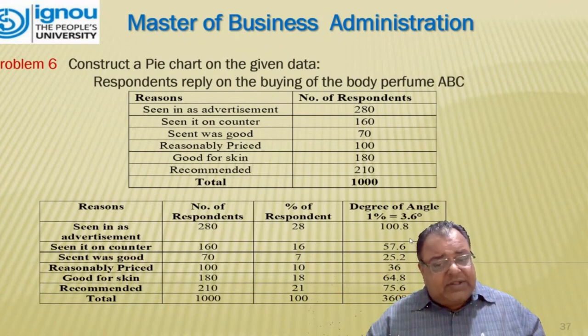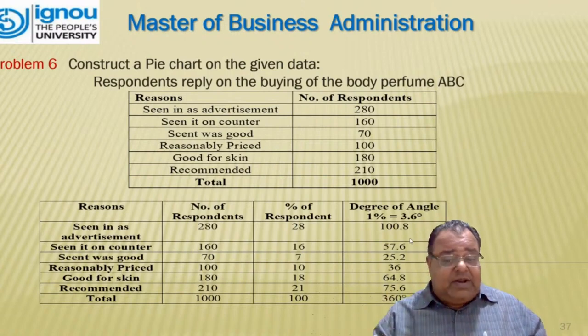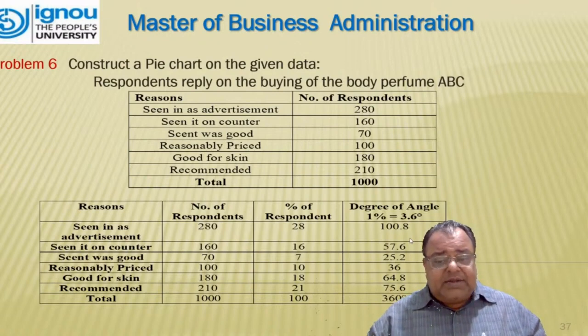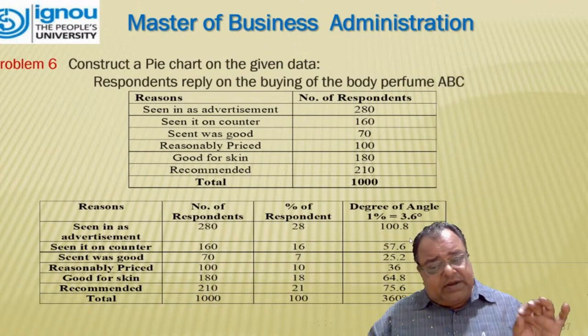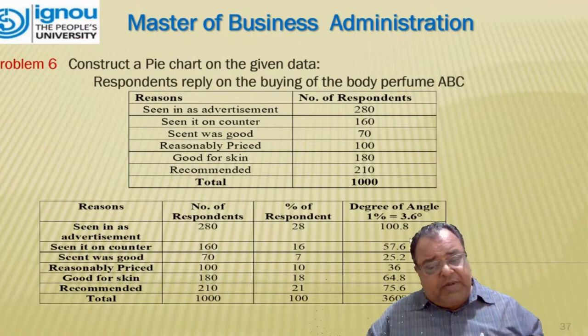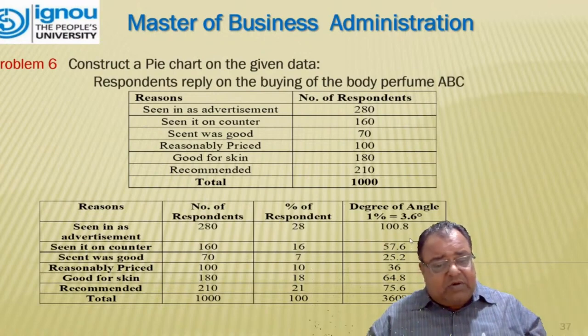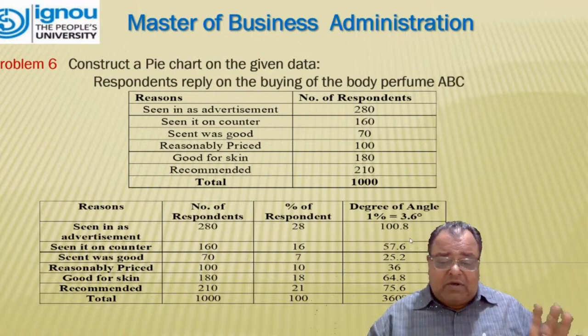Column number 3 is the percentage of respondents, that is, the percentage of individuals in the process. For the first one, it is 28%. For the others it is 16%, 7%, 10%, 18%, 21%, and when we total it up, it comes out to be 100. The total number of respondents is 1000.